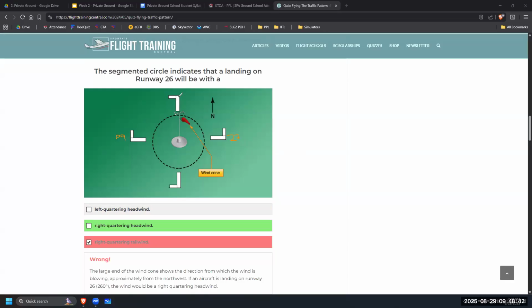If we're sitting facing on the runway here, what heading are we facing towards? 18. So this is runway 18. This is runway 36, because we are facing north. You understand now? Yes.